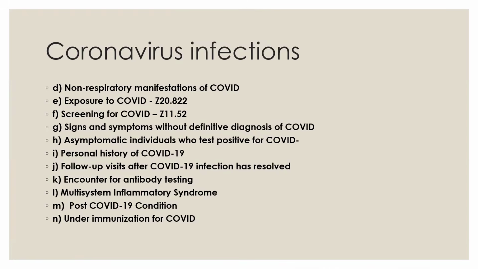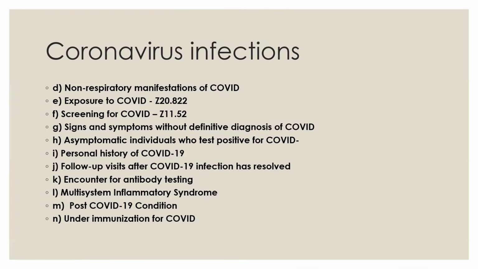There's also section 1C21.C.8 for factors influencing health states and contact with health services follow-up. If there is an encounter for antibody testing that is not being performed to confirm current COVID infection, use Z01.84. And you can apply the guidelines for the individual being tested to confirm a current COVID-19 infection.